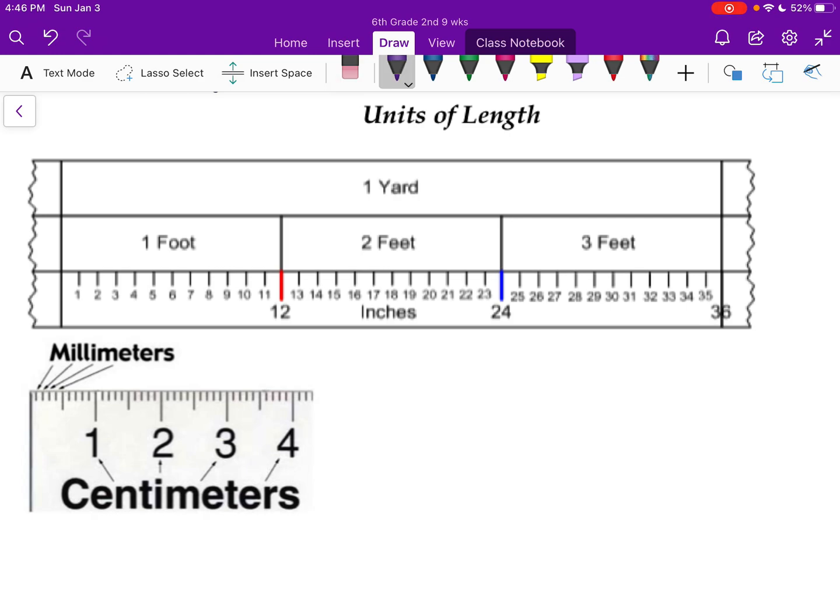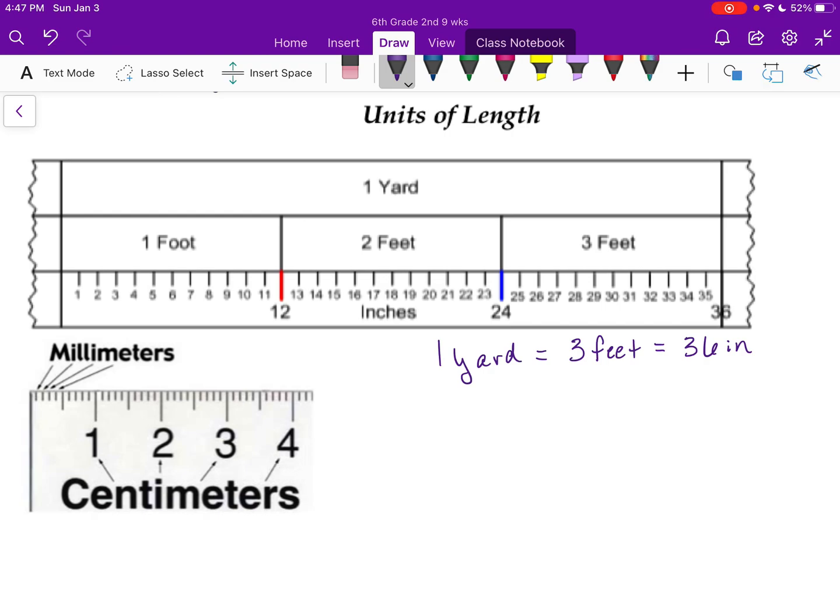So all those things are equivalent. 1 yard is equal to 3 feet, and 3 feet is equal to 36 inches. So a yard is also equal to 36 inches. They're all equivalent. And what we're going to be learning about is how to convert or change back and forth between different units of measure.